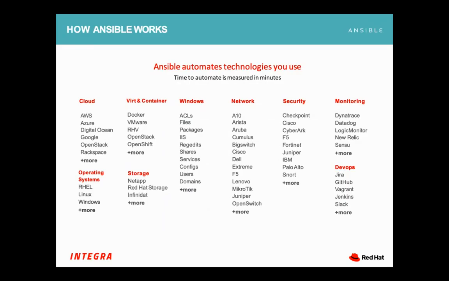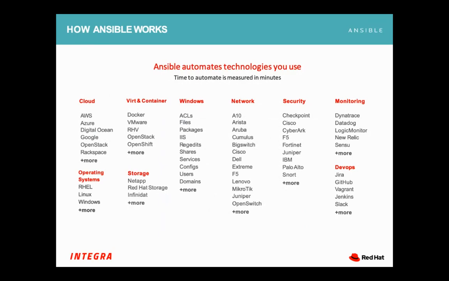Okay, so Ansible can work or integrate with many popular technologies available. If you look at the specifications, it can work with clouds like AWS, Azure, Google, like I just explained. It can also work with various operating systems like Red Hat Enterprise Linux or Windows, and of course containers.